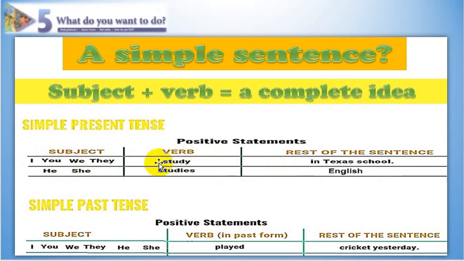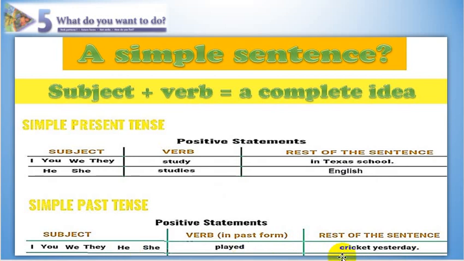We study in Texas school. He, she studies, we add s, third person singular s. He, she studies English. That is the verb in its present simple tense. In simple past tense, the subject pronouns with the verb only one form, the past form, and the rest of the sentence.